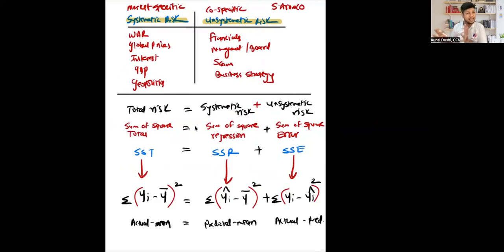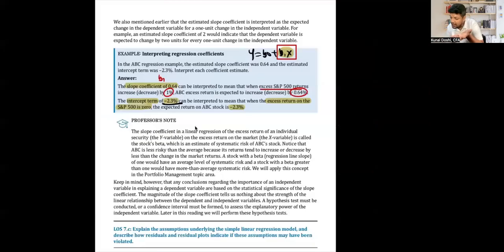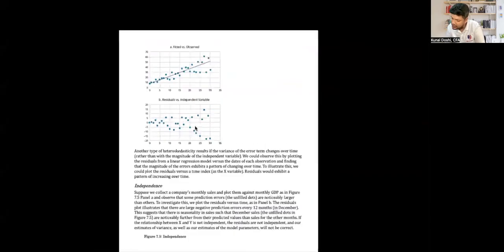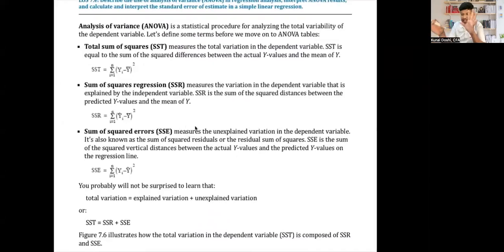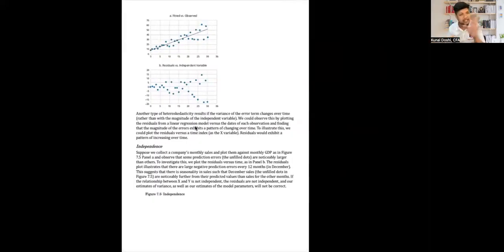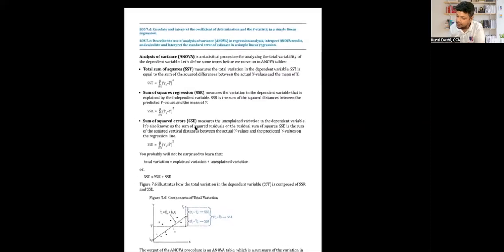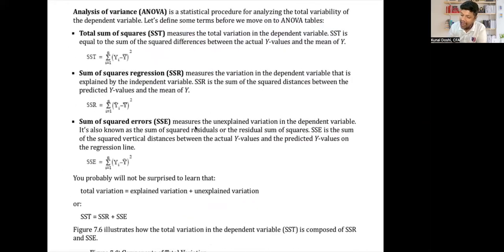I'm adding this in your notes, but now I will connect you with what they have given here. See this. Where is it? Here, in the ANOVA, after a couple of pages. After this diagram, you will see under analysis of variance. Analysis of variance is short-formed as ANOVA. What is total sum of squares? This is total risk.